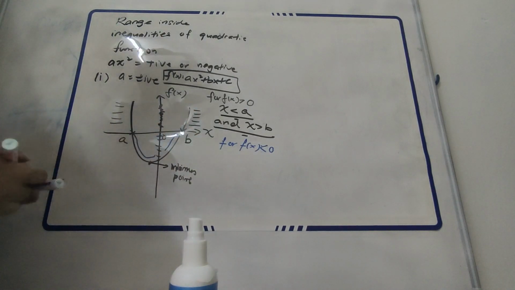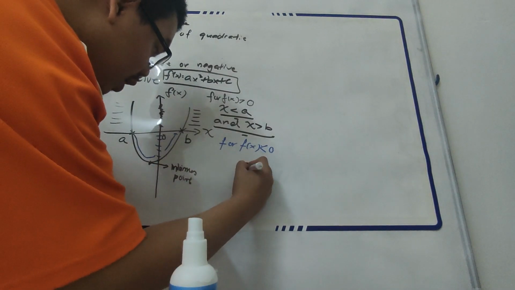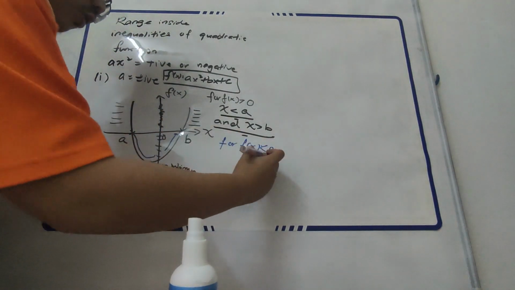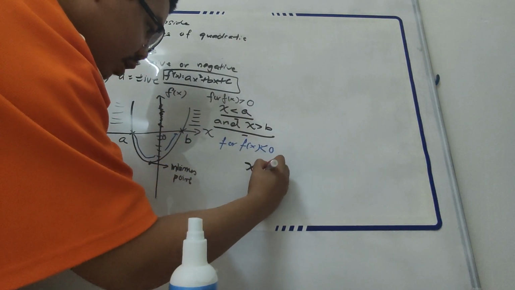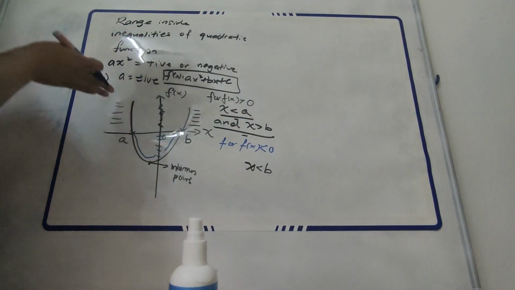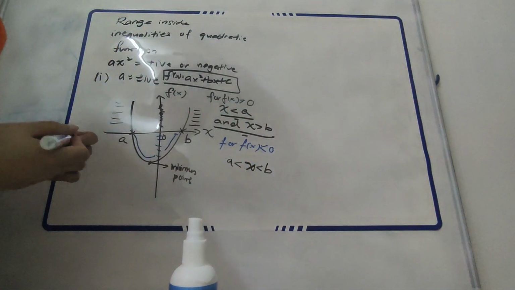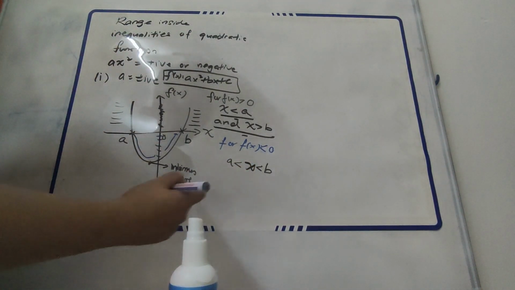That means your x must be in between here, so smaller than b, but your x also should be bigger than a from the horizontal axis, come to here, so bigger than a. So this is the answer.